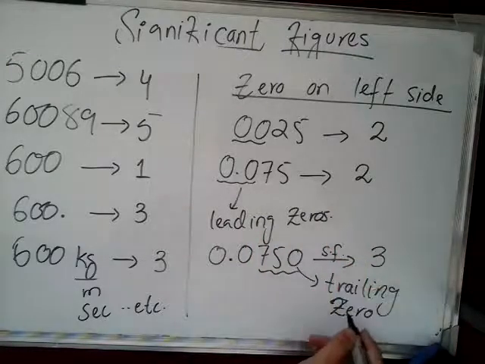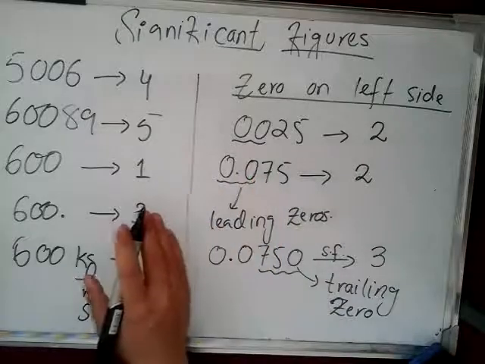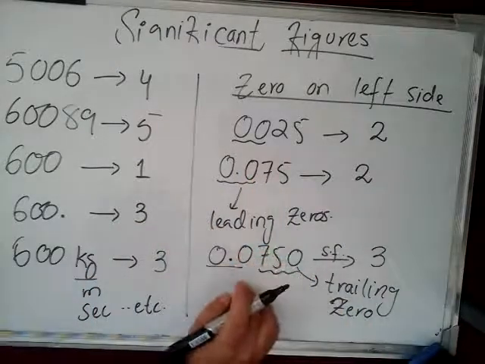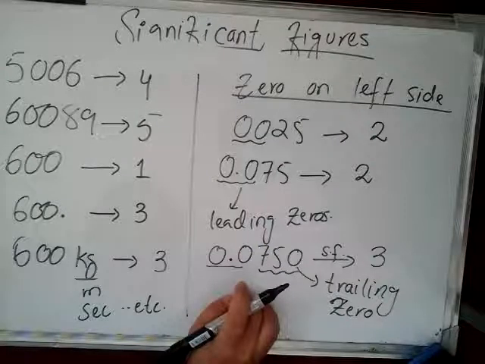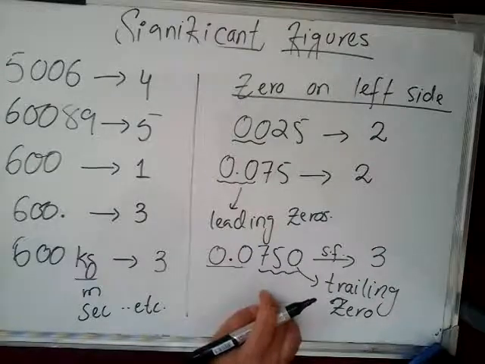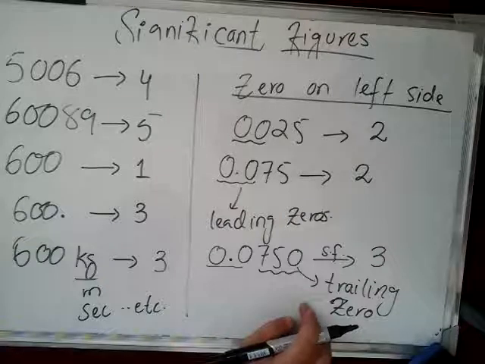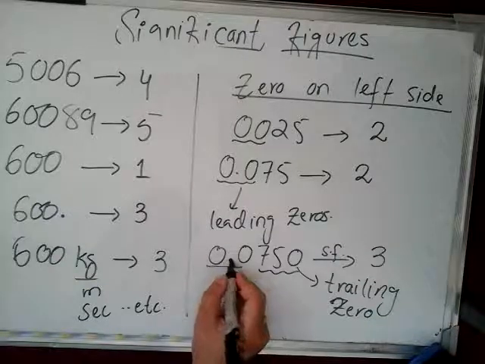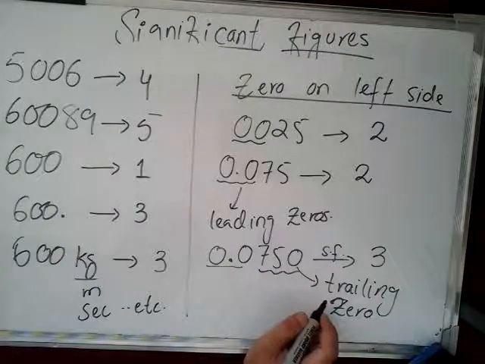Zeros present before any natural number are called leading zeros. Leading zeros are not counted, whether it is a decimal number or a natural number. Trailing zeros are counted if there is a decimal point, but if there is no decimal point, then trailing zeros are also not counted.